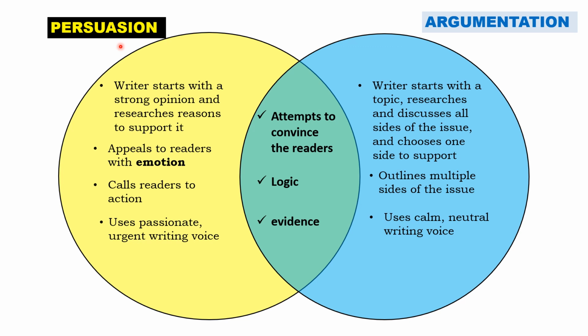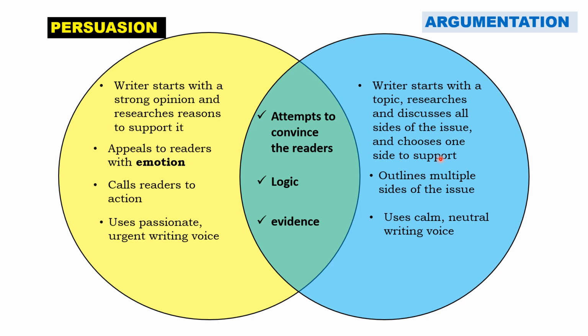Sa persuasion, the writer starts with a strong opinion and researches reasons to support it. So magsugod siya sa strong opinion and then later on iya na nang i-present ang mga reasons nganong mauna ang iyang opinion. However, sa argumentation, the writer starts with a topic, researches and discusses all sides of the issue, and then chooses one side to support.